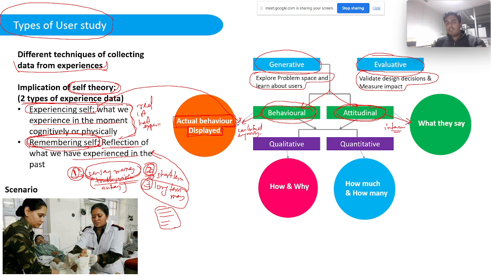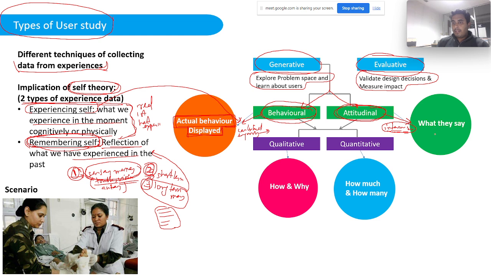Now contextual inquiry can also have interviews, but an interview happens in a closed environment, which is not natural. We generally do not talk while a person is involved in a particular task.